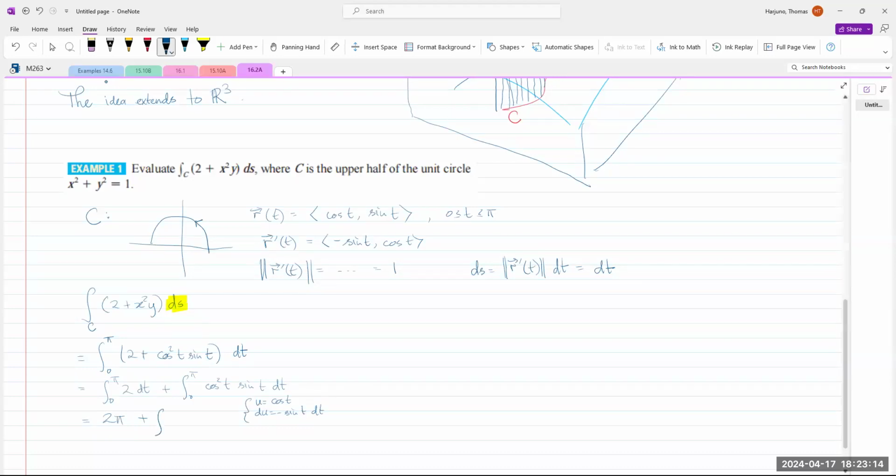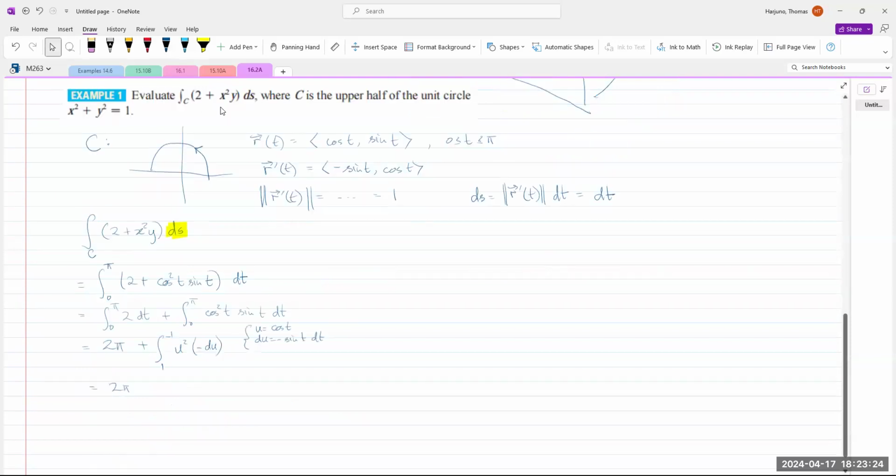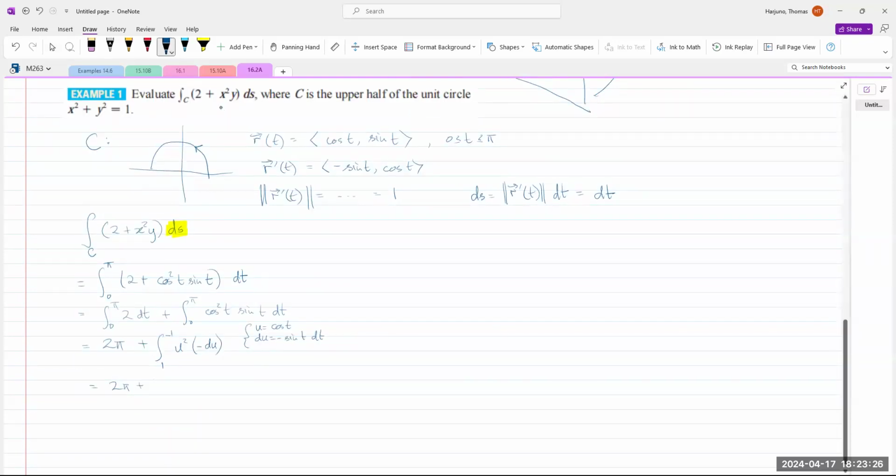This integral becomes the integral from 1 to negative 1 of u squared times negative du, which is the integral from negative 1 to 1 of u squared du. That's 2 pi plus 1/3 u cubed from negative 1 to 1, which is 2/3. So 2 pi plus 2/3.